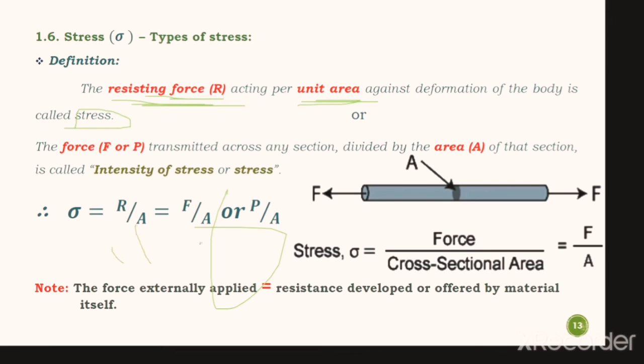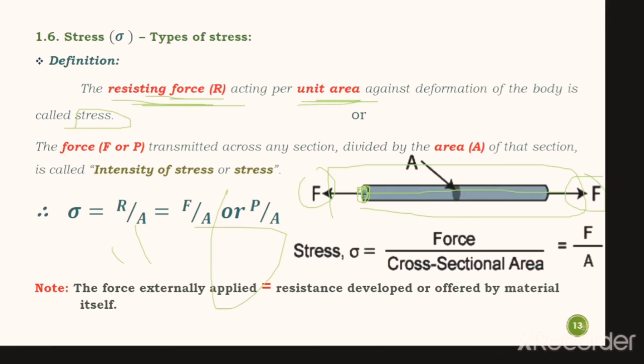We have a figure here. So this is the force F and this is the force F. Remember, these are the axial forces, tensile in nature, because it's trying to stretch the body. And this is the cross section of that bar. Cross section of the bar ఎలా act అవుతుందంటే perpendicular.